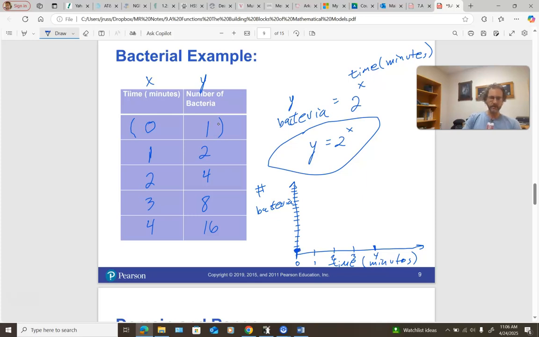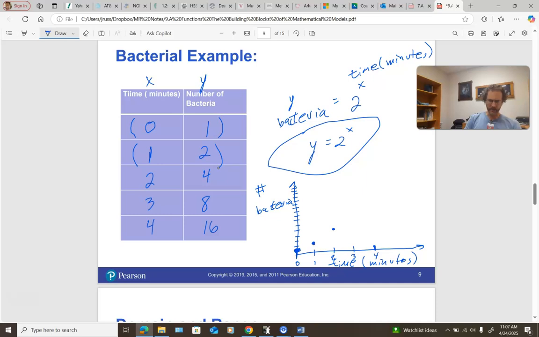And then the next ordered pair would be 1, 2. Okay, so you go to the right 1 and then up 2. The next ordered pair is 2, 4, so to the right 2, up 4. And let's see, it's about right here. And then 3, 8, so to the right 3 and then up 8.